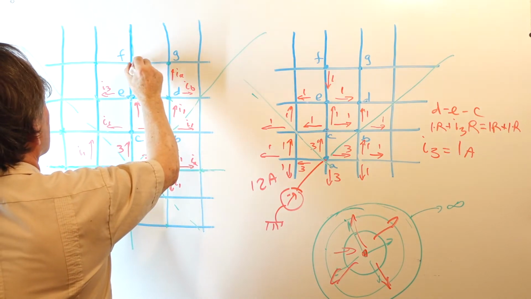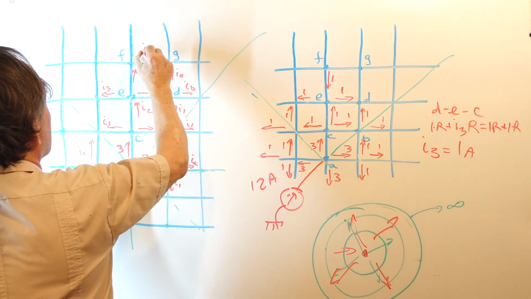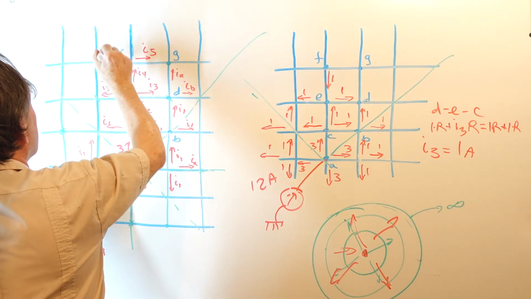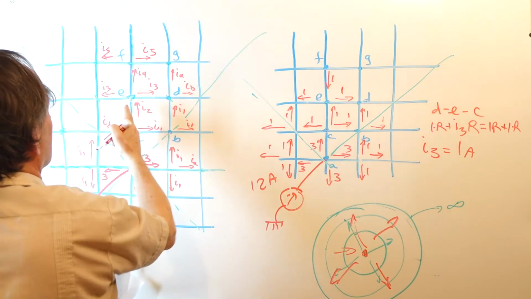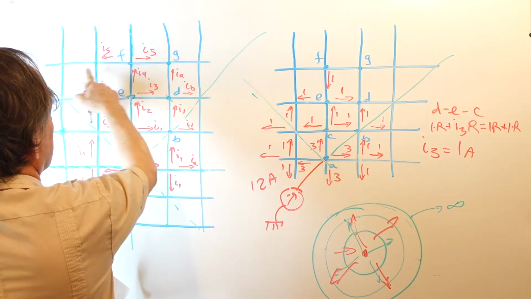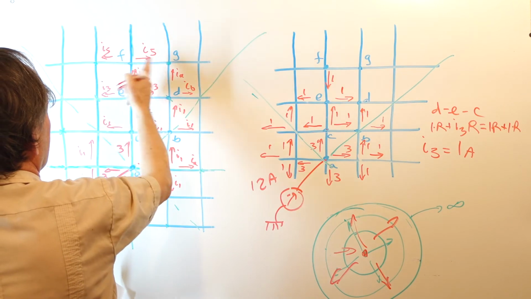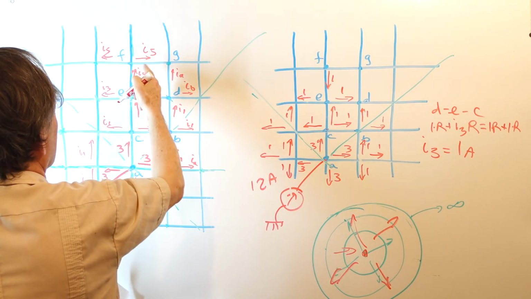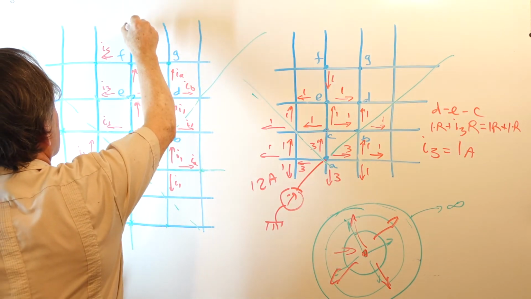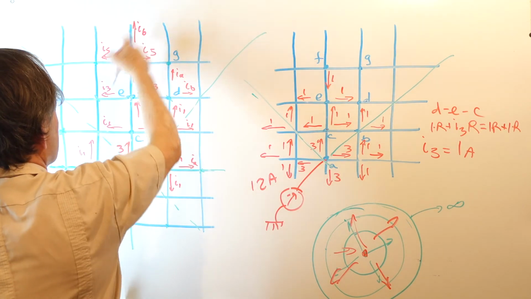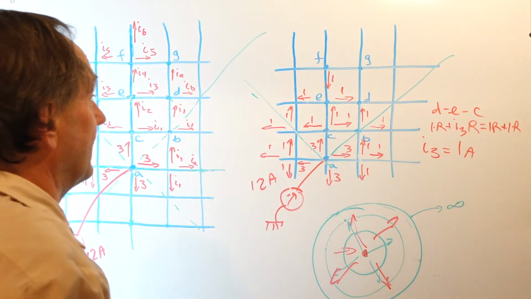Let's call the current flowing this way I5. The current I4 is going to split evenly because of symmetry to the left and the right. However, the current, say I6, flowing up here isn't necessarily going to be equal to I5.